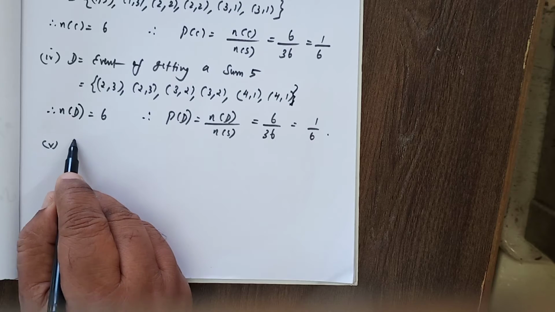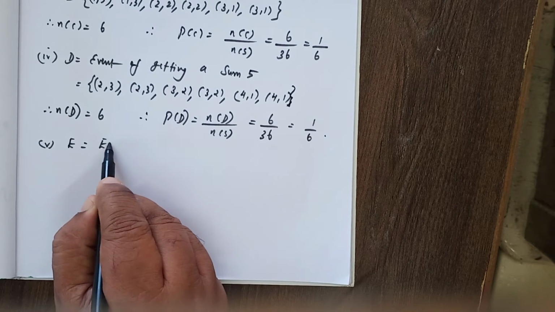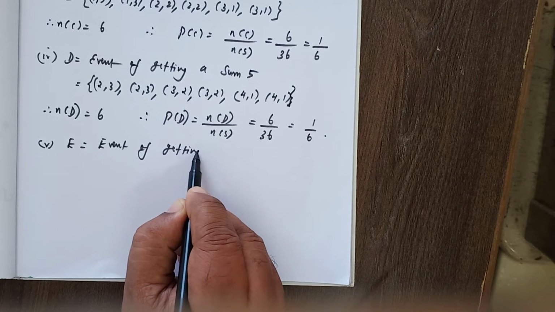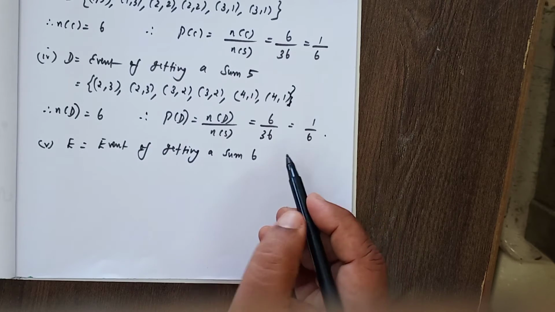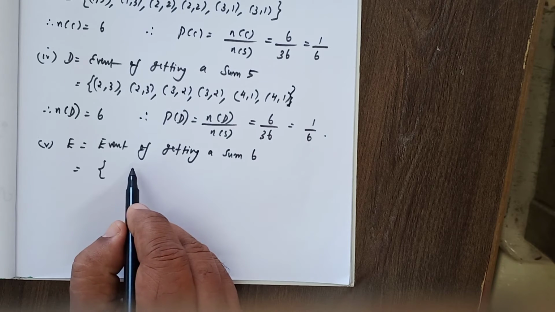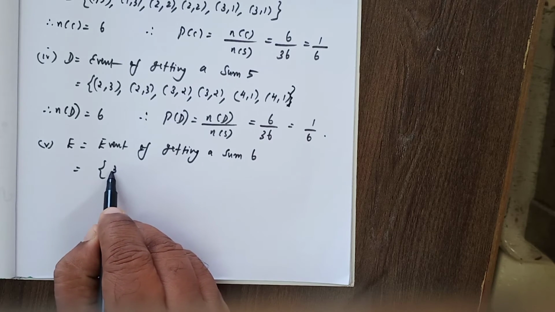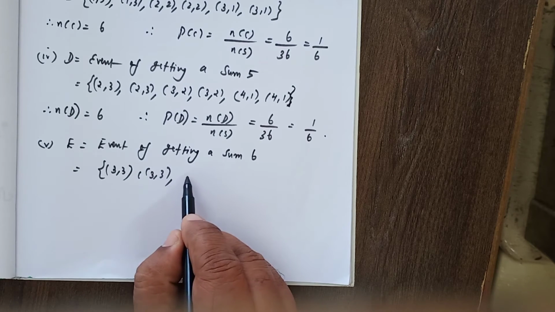Now subdivision number 5, I consider as E. E equals event of getting a sum 6. What are they? In the first row, no chance. Second row, no. In the third row, we have 3, 3, two times.